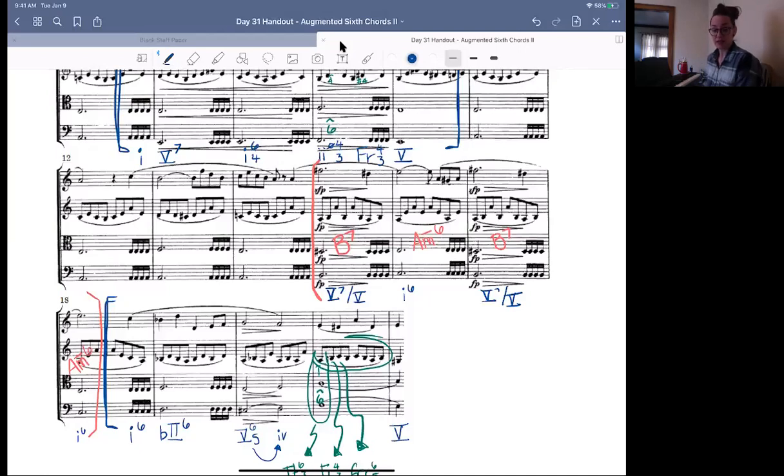The cello and the second violin decide that they are instead going to go to A's and C's and turn what should have been a very easy tonicization into something that is not what you expect. Now let's talk about the cello.